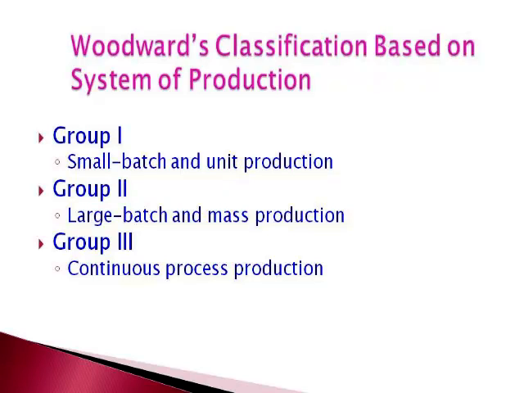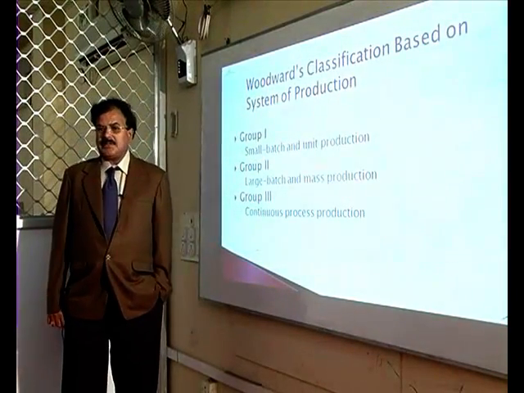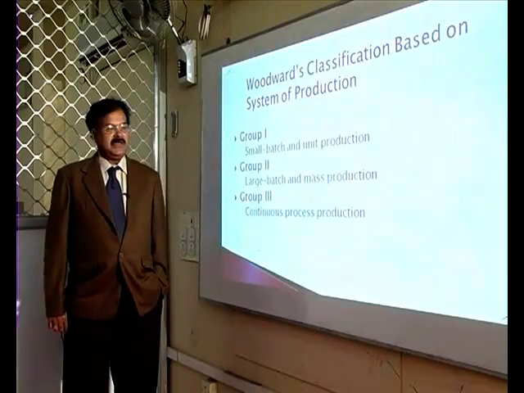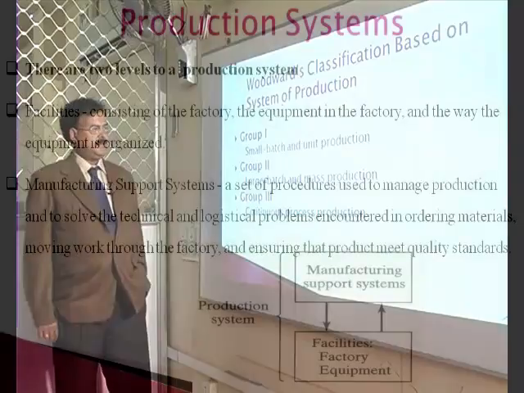Group 3 covers continuous process production systems, such as the production of cement and chemicals. To which category can we apply the so-called computer integrated manufacturing technology? It is invariably for Group 2. How can we apply it? Let us see that.